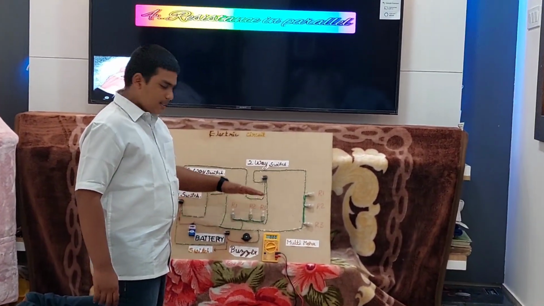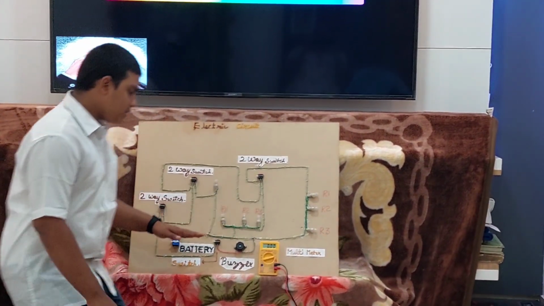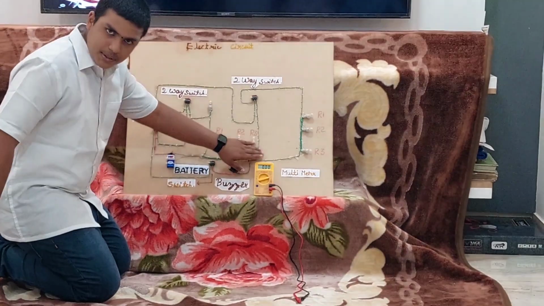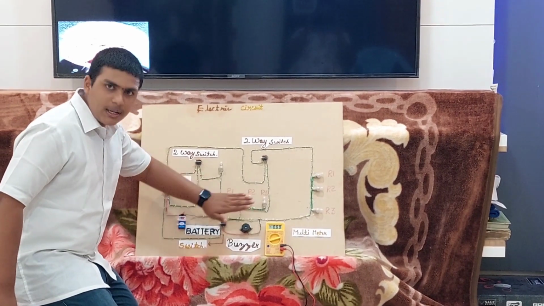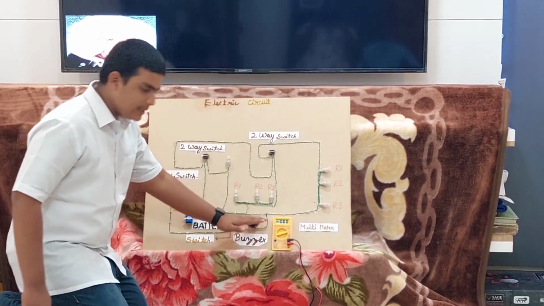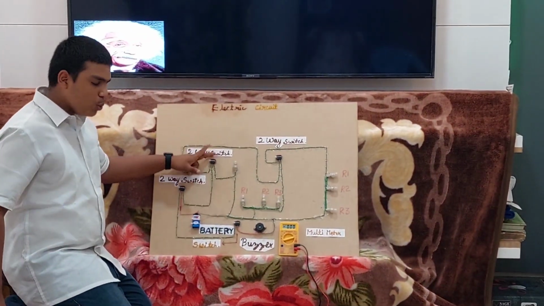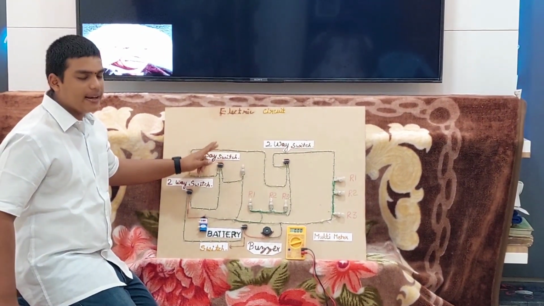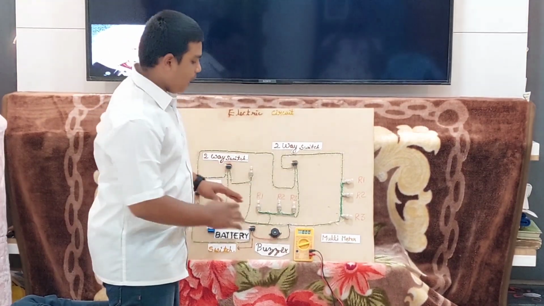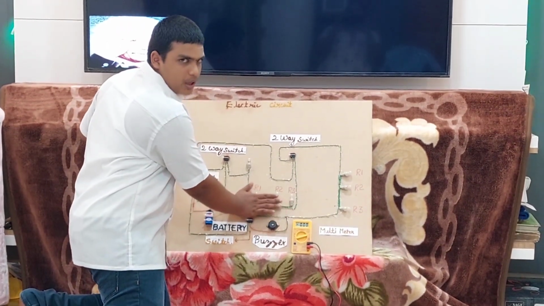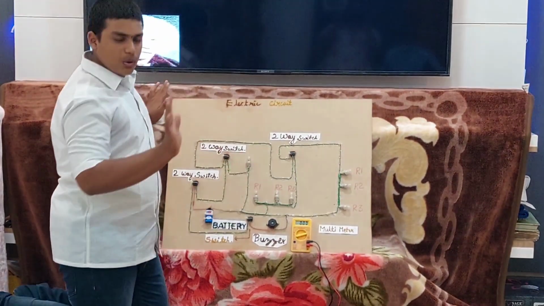For making a series circuit, I have used 3 LED bulbs and a battery. For controlling, I have taken a two-way switch. You may ask me how these bulbs are glowing now.